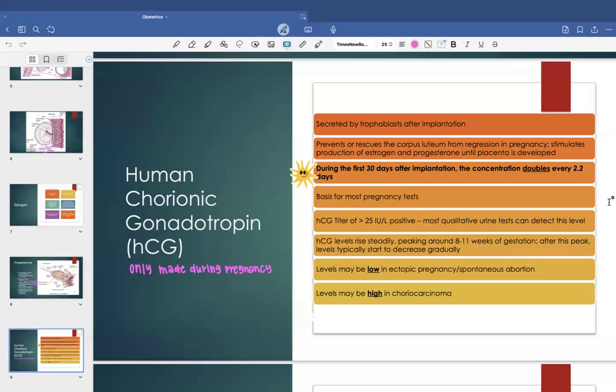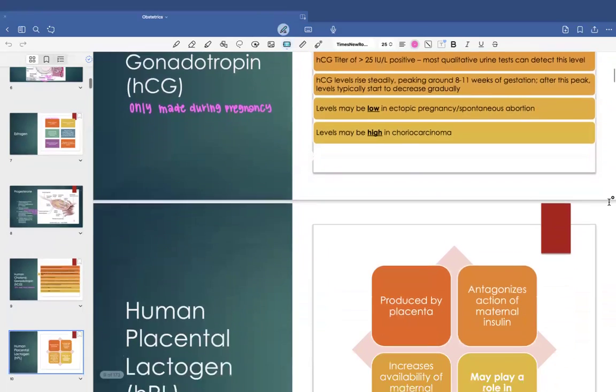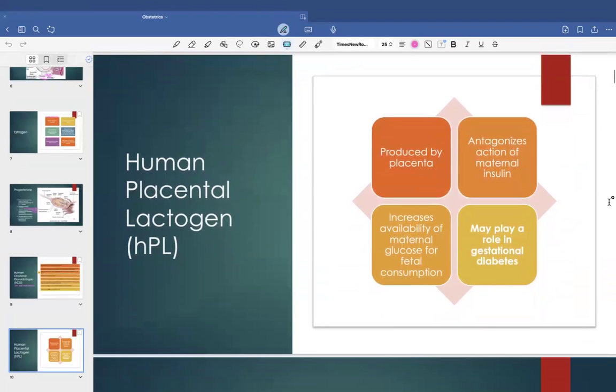HPL, human placental lactogen. HPL is produced by the placenta and it modifies the mother's metabolism. It increases maternal glucose availability and provides nutrition to the uterus. It's capable of raising overall blood sugar levels and lowering insulin sensitivity.